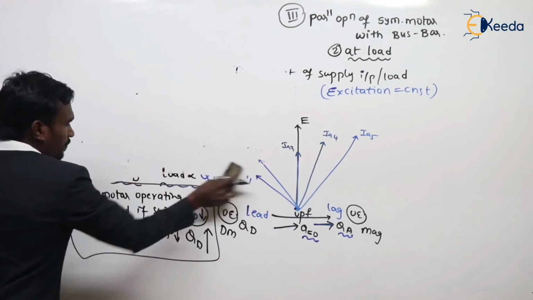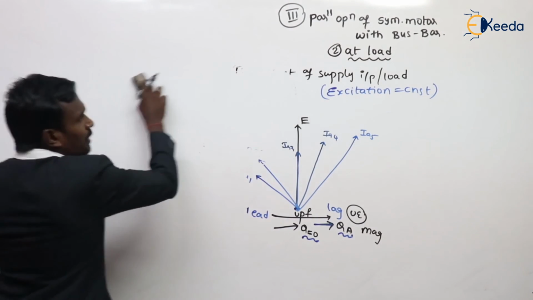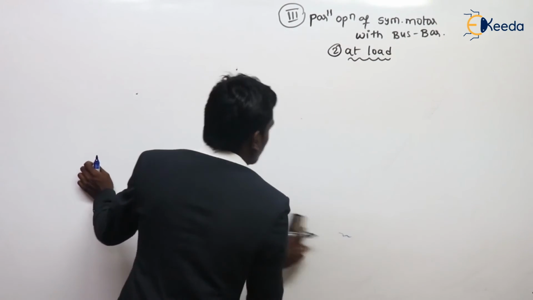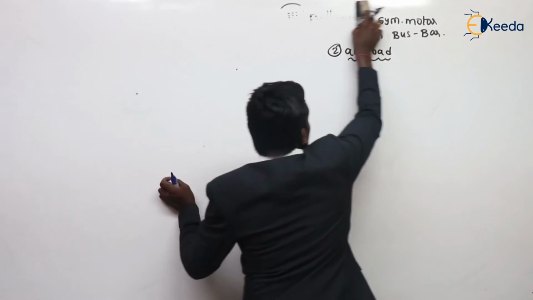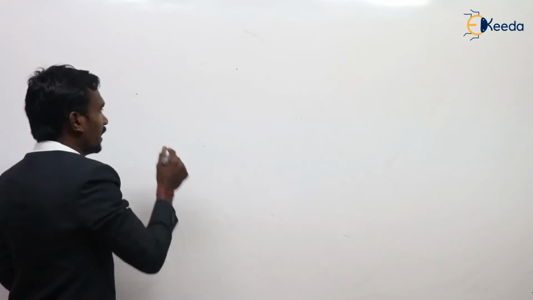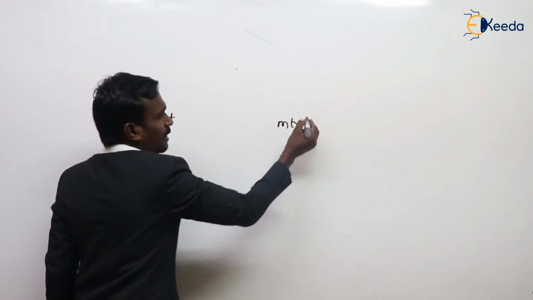Let's see. I said to you already, for motor and generator everything is the same, just some changes are there. There are not many changes actually. So let's check here. This is for alternator and this is for motor.